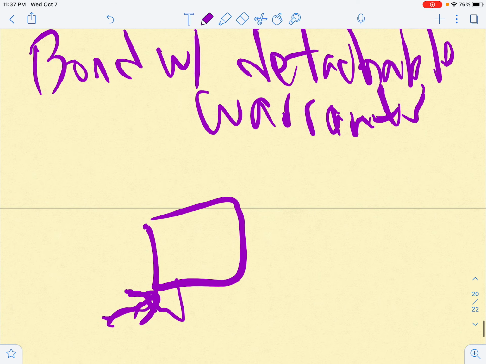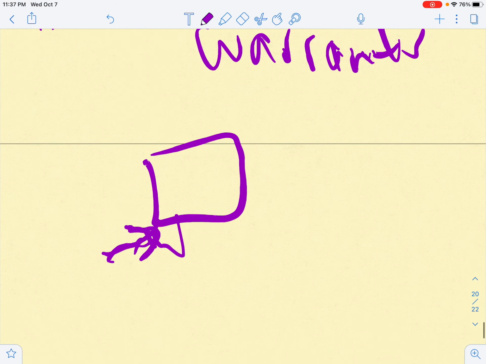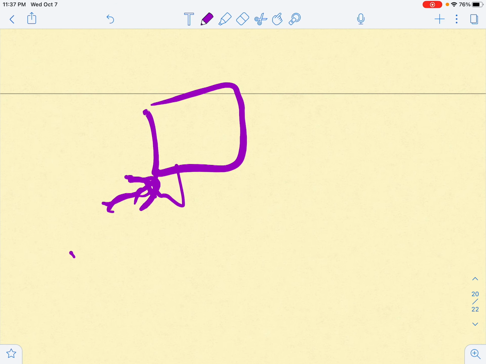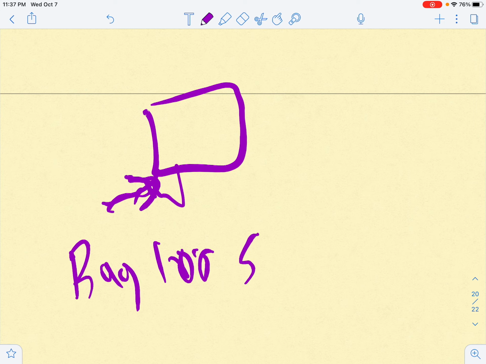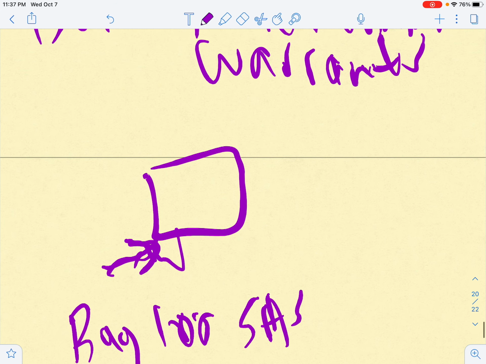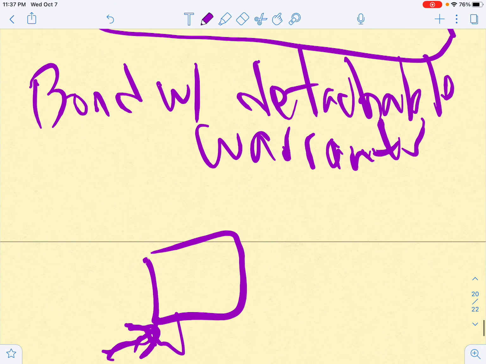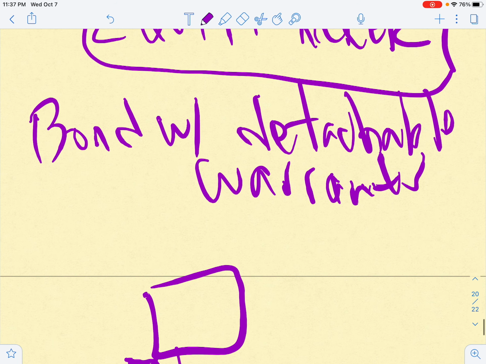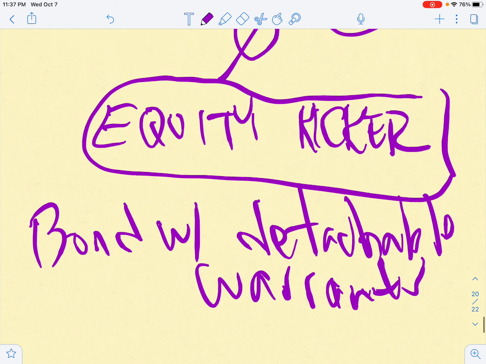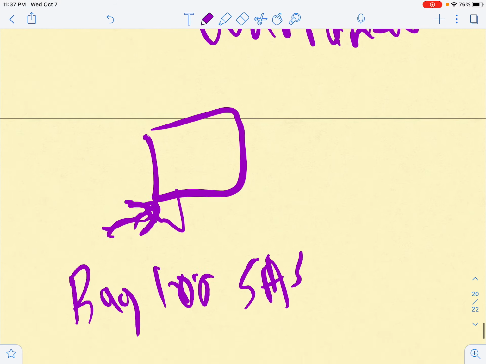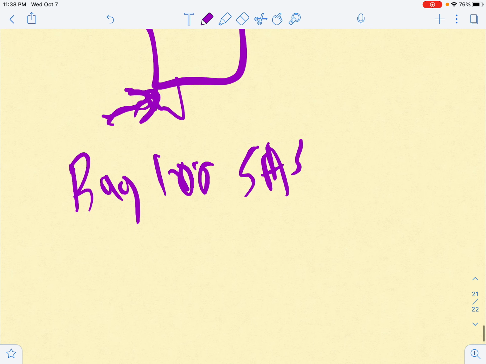Okay? So let's say this warrant gives you the right to buy 100 shares of the underlying stock, which is the common stock shares of the firm that issued this bond with detachable warrants. So you have a right to buy 100 shares.